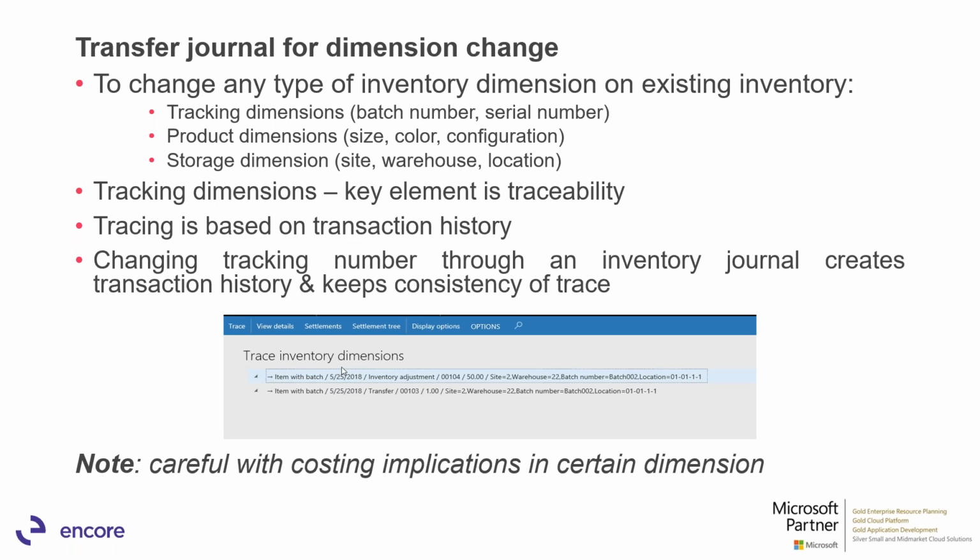It keeps that transaction history, and when you start tracing back anything you've made with the inventory that now has the right batch number, it will never lose the link. There will be a section of the trace where it will show you that transfer journal and show you that the right batch number was originally a wrong batch number, which came from a particular purchase order. Hope this makes sense.